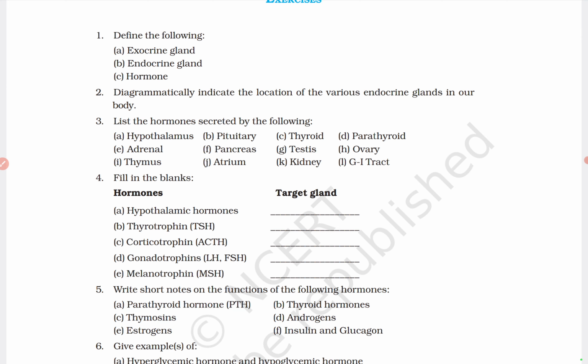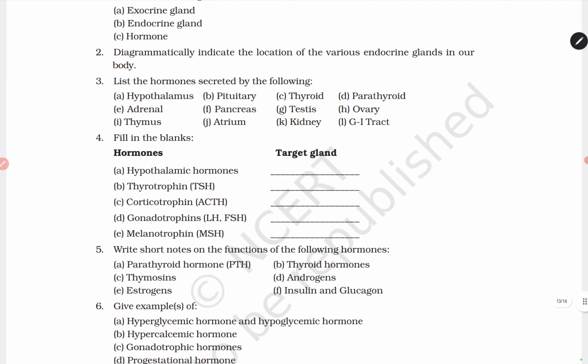From the posterior lobe: oxytocin and vasopressin. Third, thyroid secretes thyroxine or tetraiodothyronine T4, triiodothyronine T3, and calcitonin. Coming to parathyroid, this gland secretes a single hormone called parathormone, PTH, also called Collip's hormone.